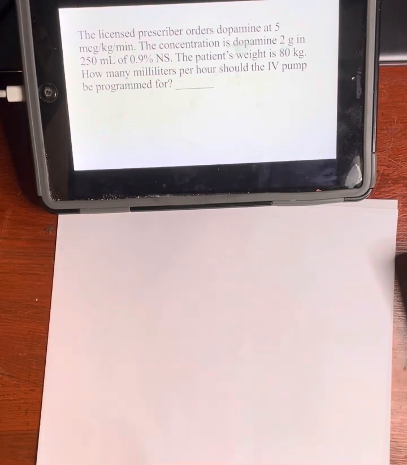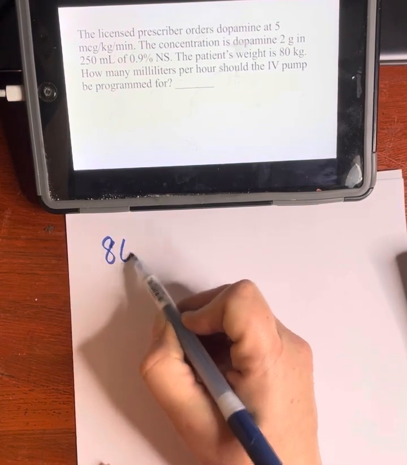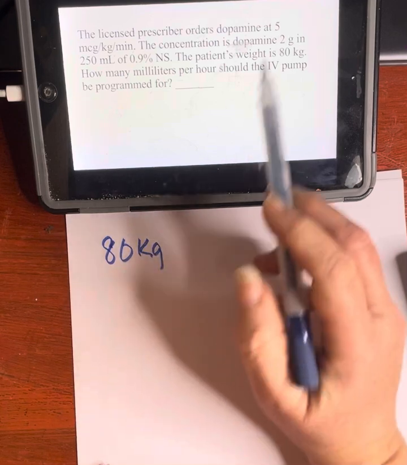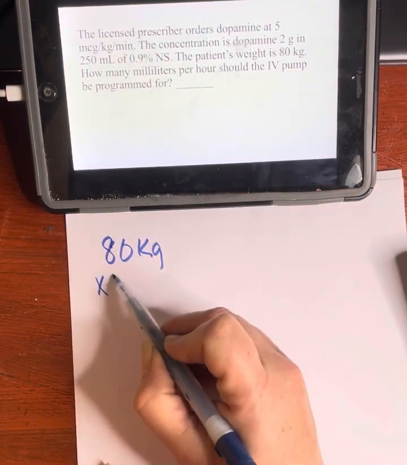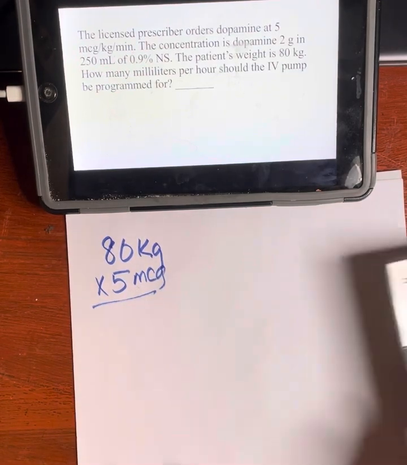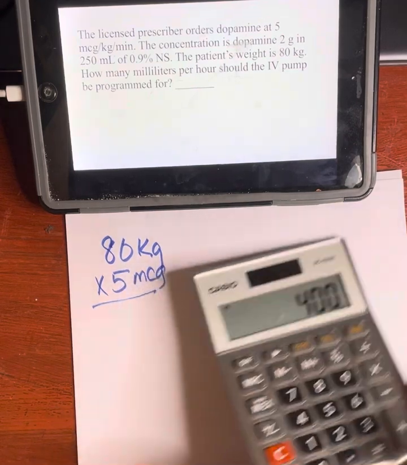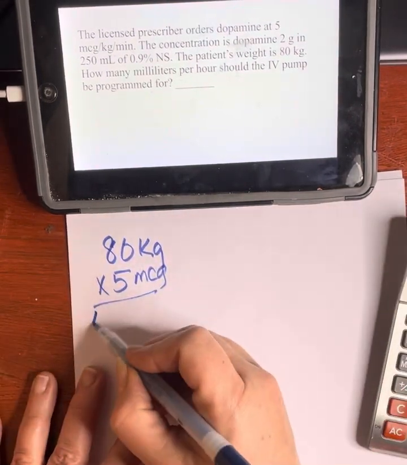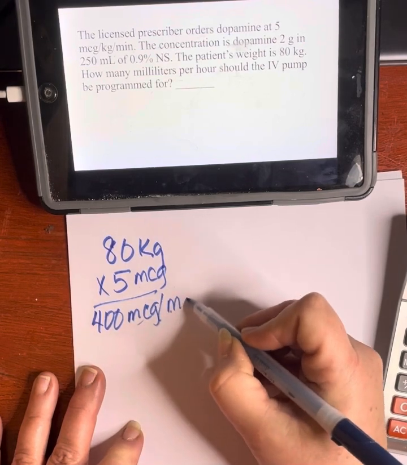Thankfully, they put it in kilograms, so we're going in with the weight, 80 kilograms. And he wants 5 micrograms for every kilogram. So we got to multiply that times 5. Get your handy-dandy calculator. 80 times 5 equals 400. 400 micrograms per minute.